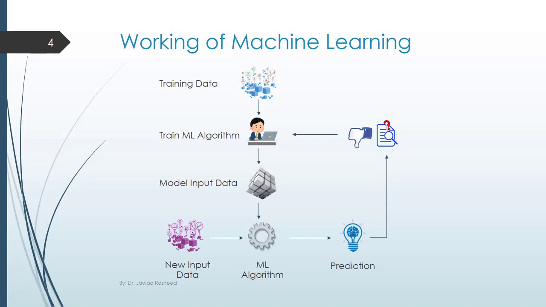Then after that, once the training is complete, you give new data, unseen data, which is not seen by the model. You give that data to the machine, and then the machine predicts what type it is. If you are classifying fruits, then it will tell you which fruit it is.